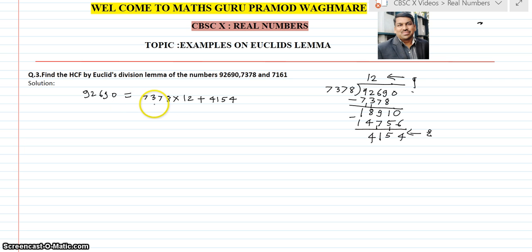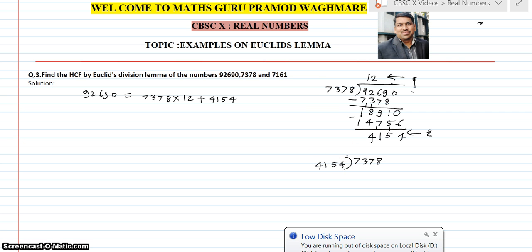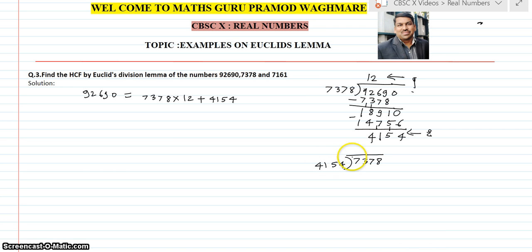Now we divide this 7378 by the remainder 4154. If you observe here, there are 4 digits and 4 twos are 8, so we do not multiply by 2, we multiply by 1. So 4154.